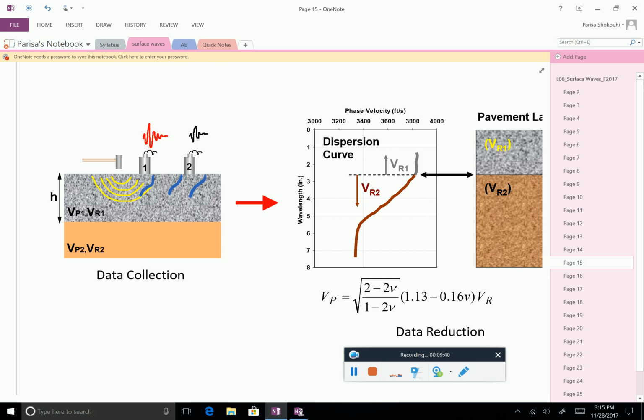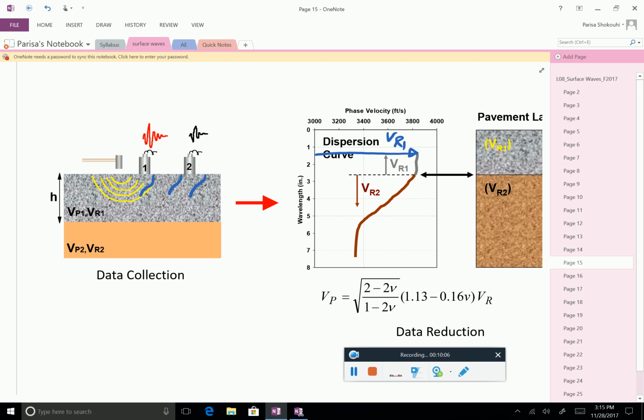So the velocity that you would measure would be the velocity of the first layer. Okay? So let's say in the beginning, if the top part is VR1, here is wavelengths. So at small wavelengths, what we are measuring is that the phase velocity is very close to the velocity of the top layer.